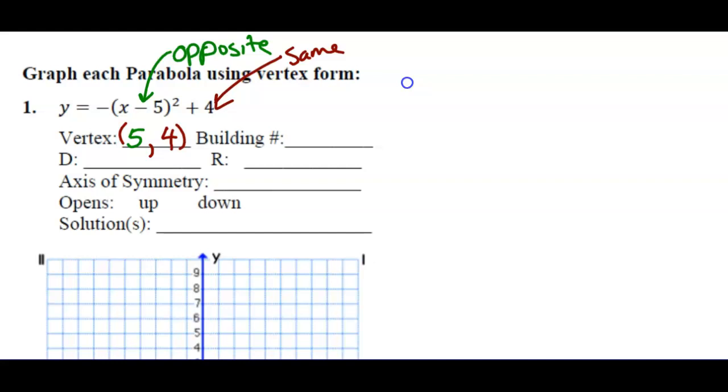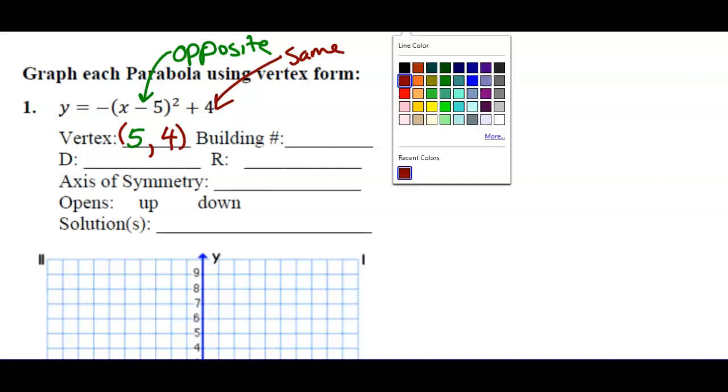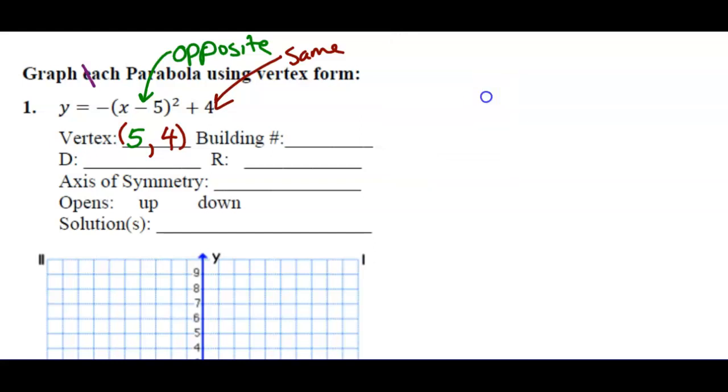We have to graph our vertex first, and then we're going to use our building numbers. An important part of this is that we know where our building numbers come from, whether or not they're positive or negative. This negative out in front tells me that my building numbers are what? Negative.